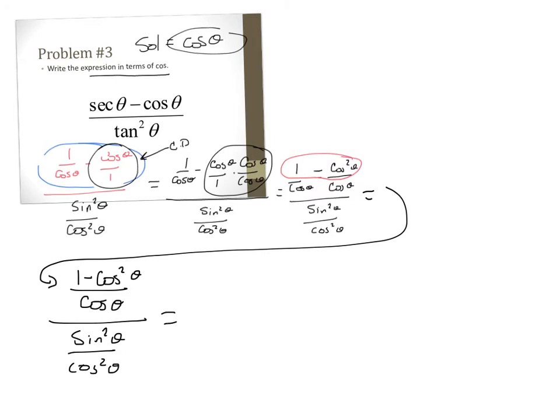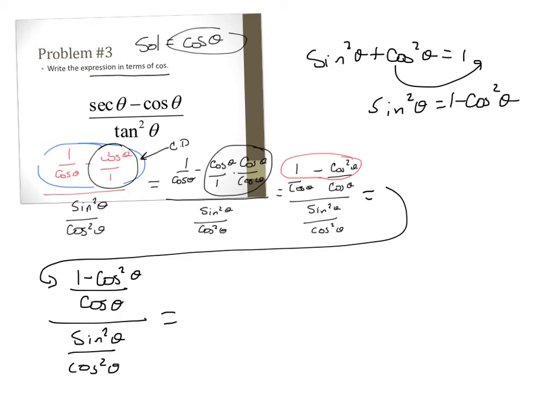Oh, this 1 minus cosine squared. I have this identity, sine squared plus cosine squared theta is equal to 1. I can move the cosine over, and sine squared theta is equal to 1 minus cosine squared theta. So now I can replace this whole thing with that.